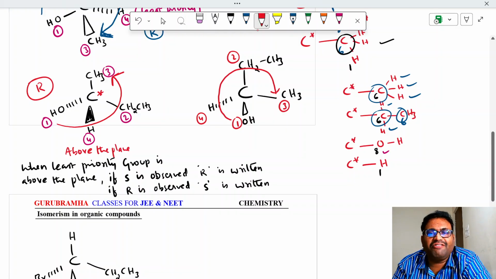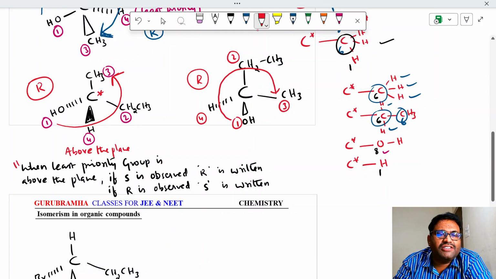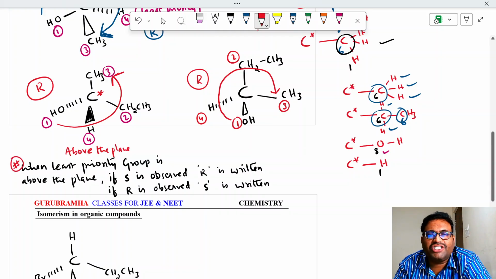What you are finding is R, and H is away from the observer. So the least priority group is away from the observer, and when you draw an arrow, you find clockwise. So directly R. Either you can follow this, or you can change the positions and find the answer. It's very easy now, right? Here most of the people get confused. It's very clear now.